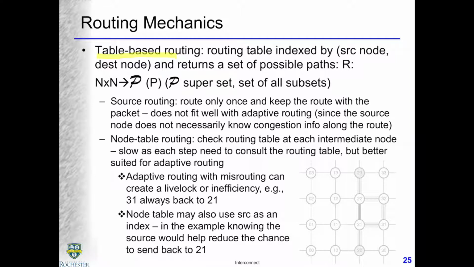Okay, and we'll see that this doesn't have to be the source. It could be from the current node to the next step. So this would be one portion of the entire route, but it's indexed by source node and destination node. So if you have n nodes, then it would be an n by n table.